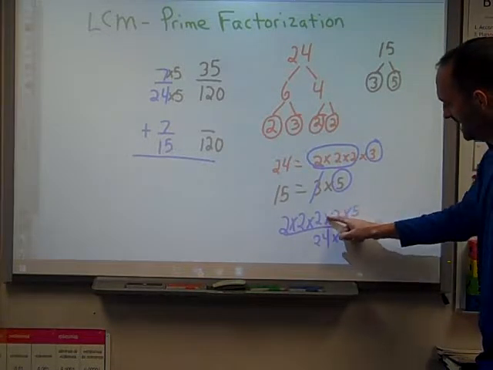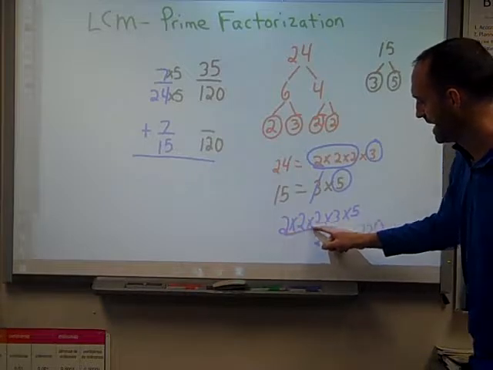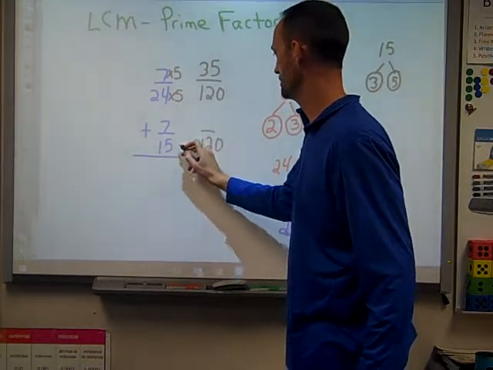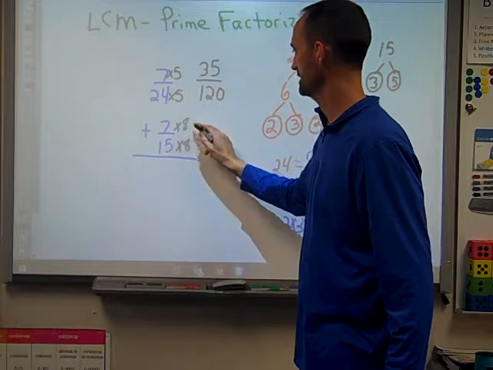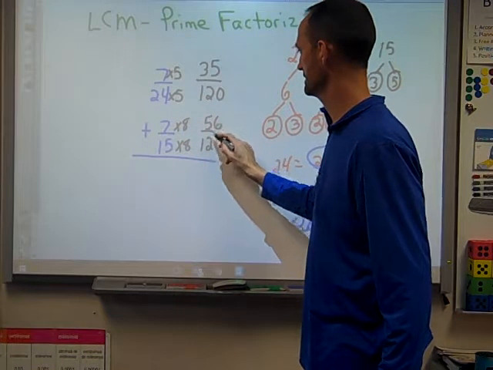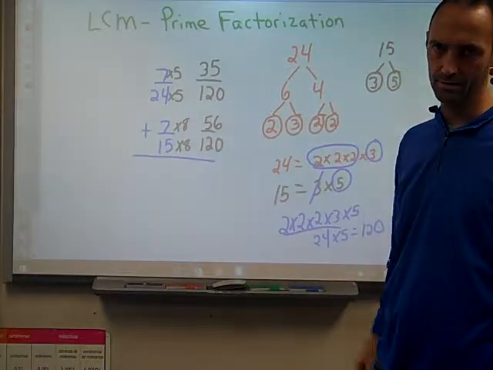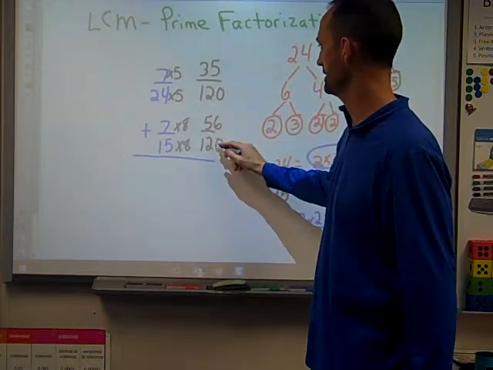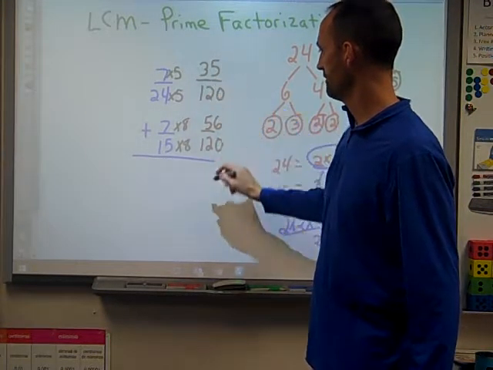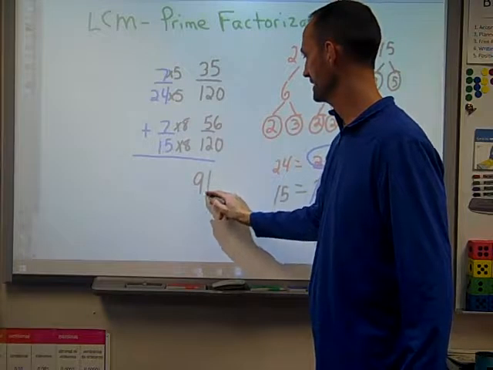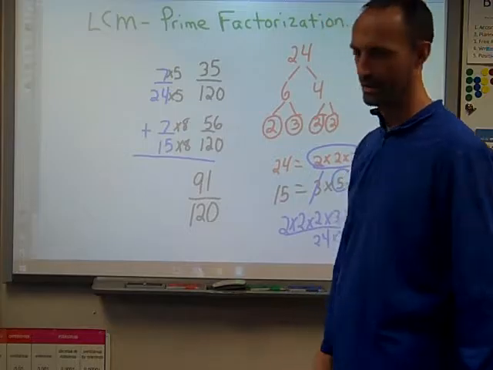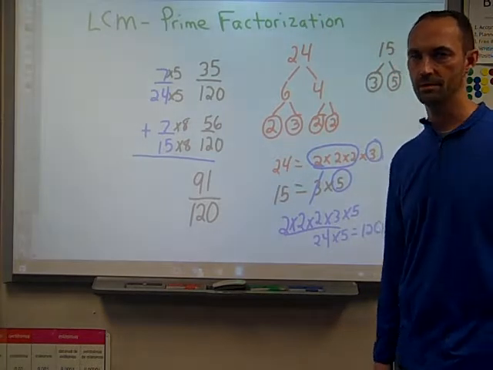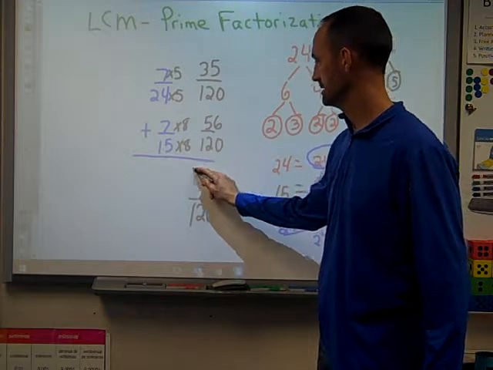So 15 times 8 is 120. So then 7 times 8 is 56. I can now add those two fractions because the denominators are the same. 35 plus 56 is 91. Over 120, can that be reduced? Answer is no.